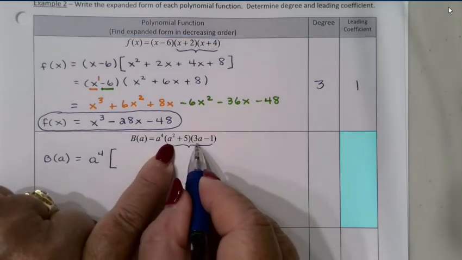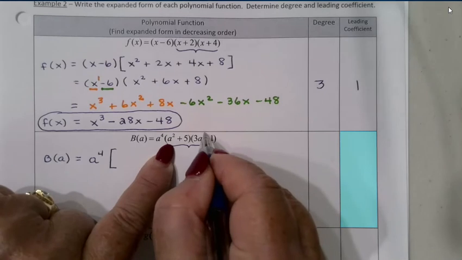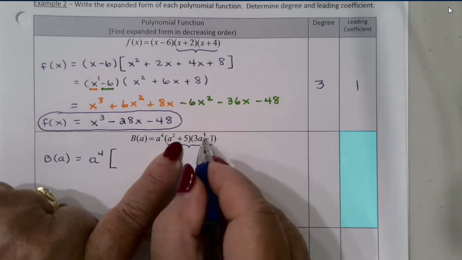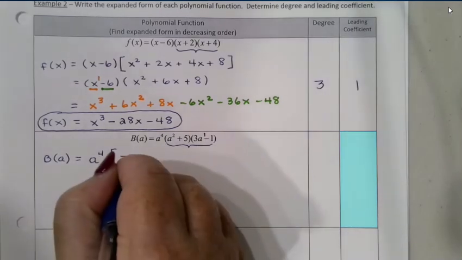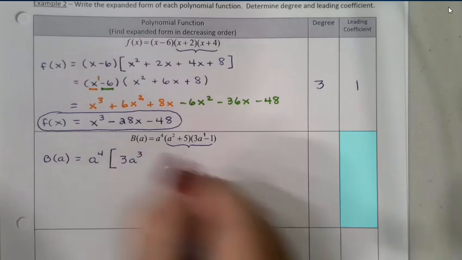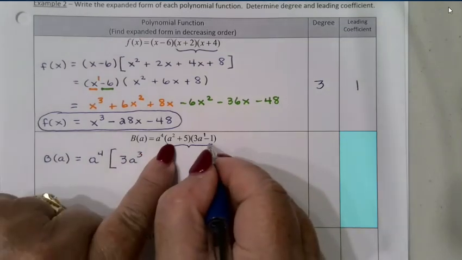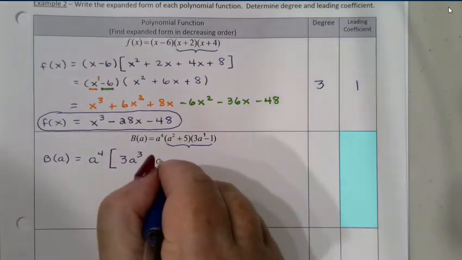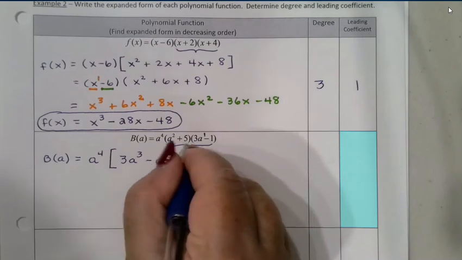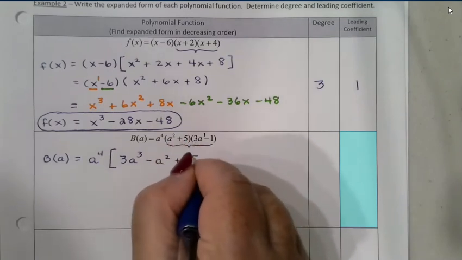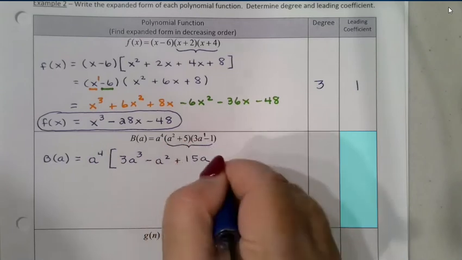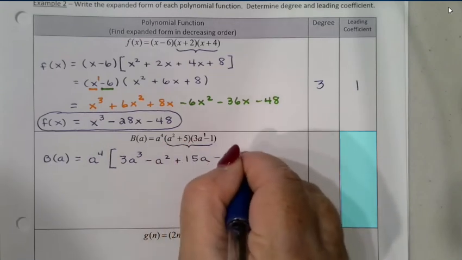A squared times 3a to the first would be 3a to the 3rd. I'm adding powers. Minus a squared plus 15a minus 5.